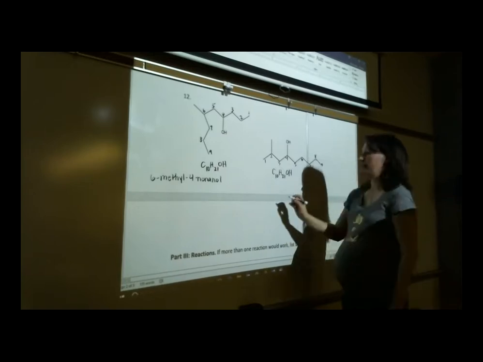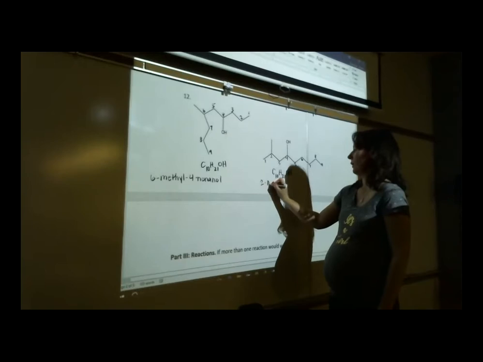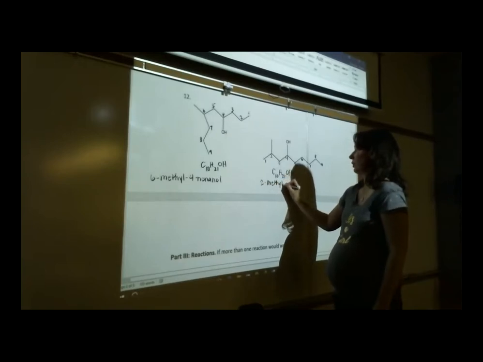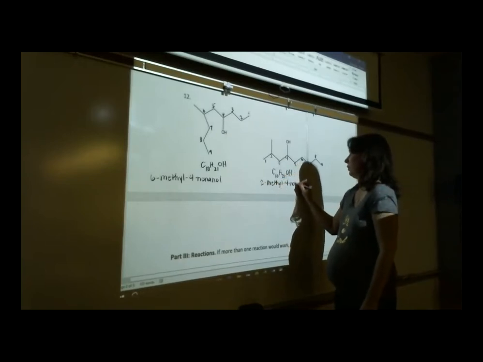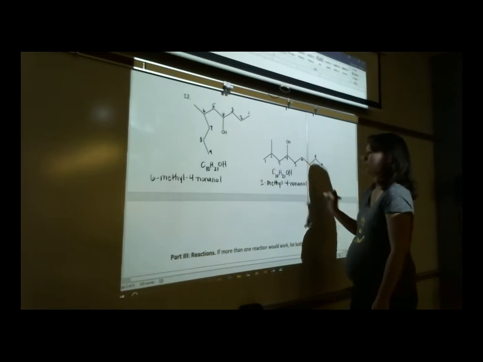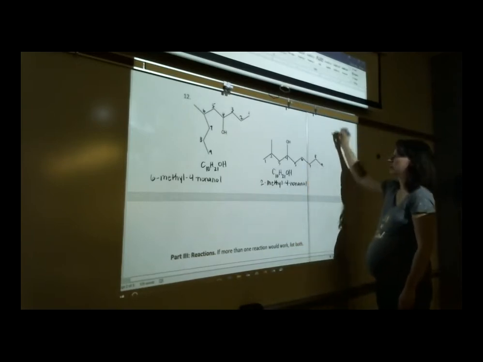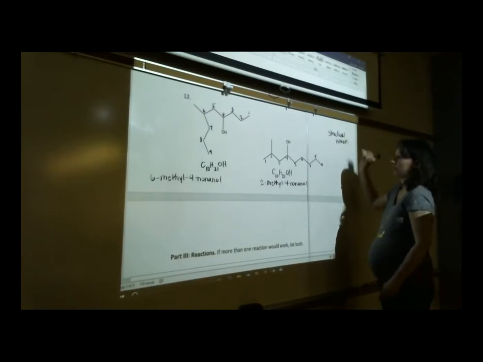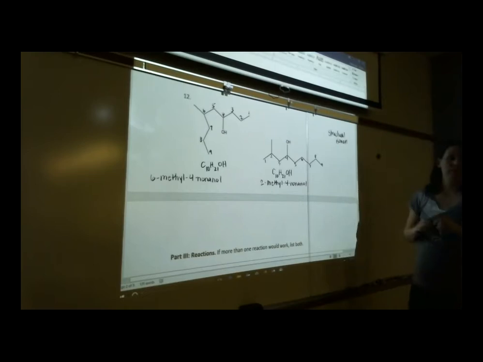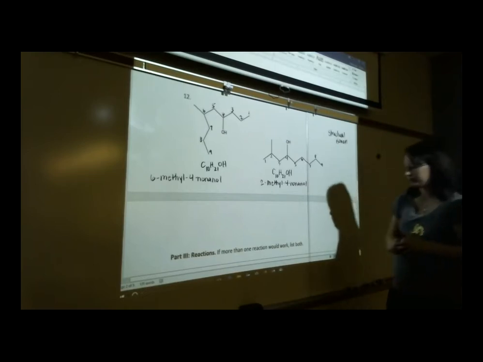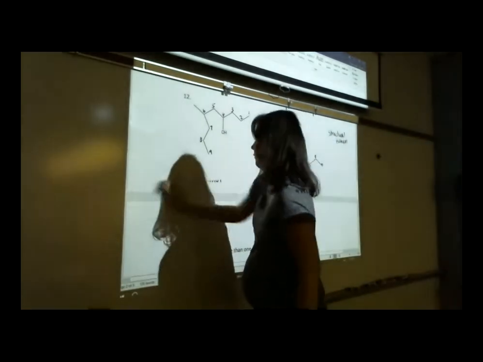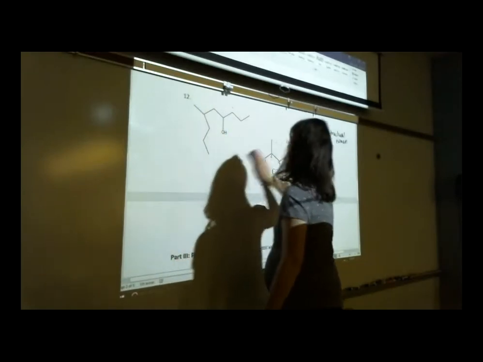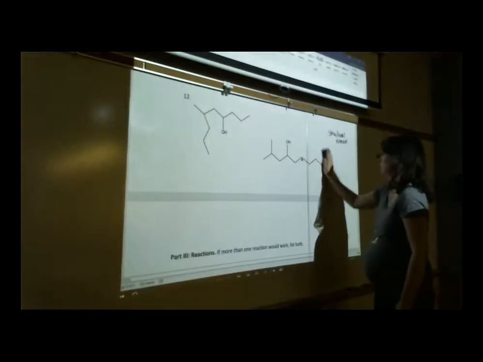So this would be 2-methyl-4-nonanol. So therefore, these two are structural isomers. Good. Questions on that kind of problem? Same formula, different name.